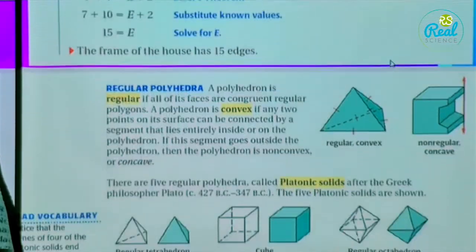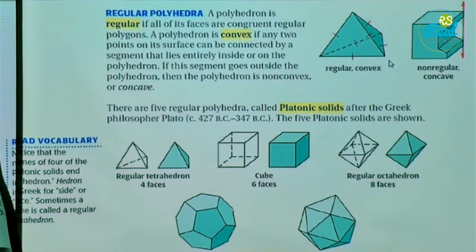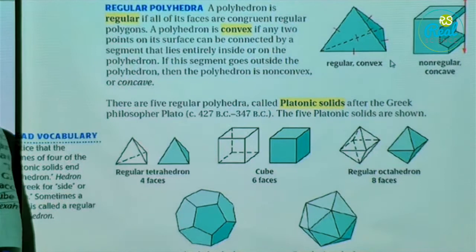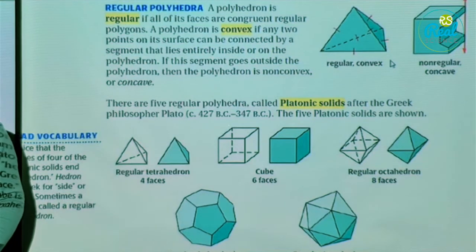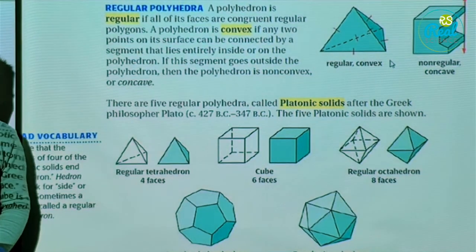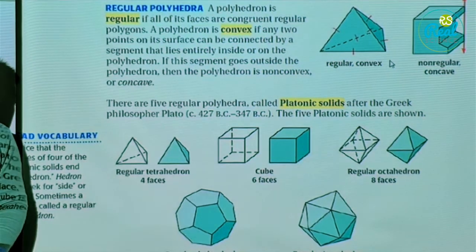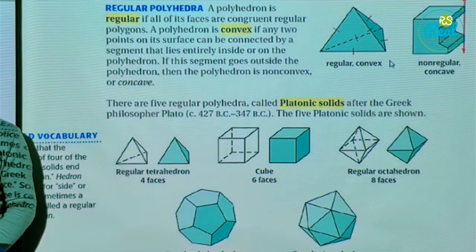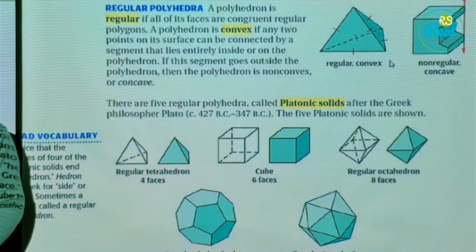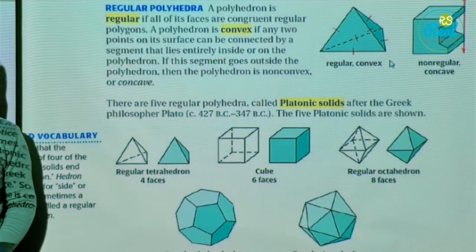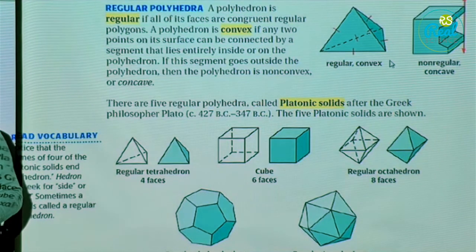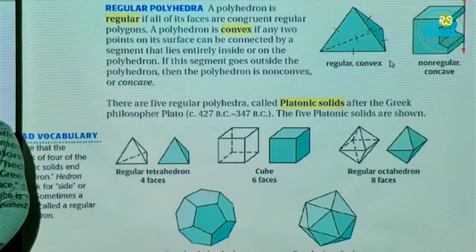Now, the second piece of information, regular polyhedra. Regular polygon, irregular polygon, such kind of things are not unfamiliar to you. Yeah? They're familiar to you. Regular means all edges or all sides are equal, but now we are talking about 3D figures.